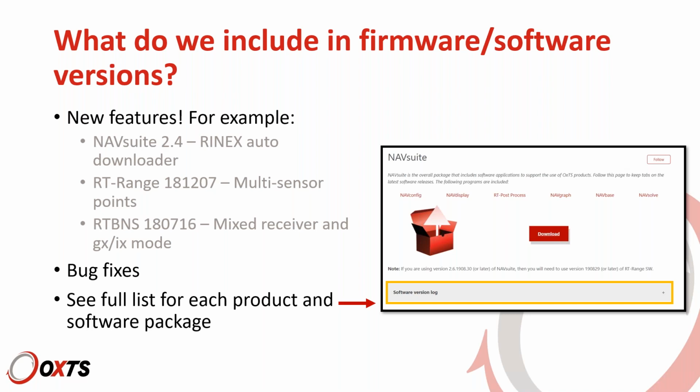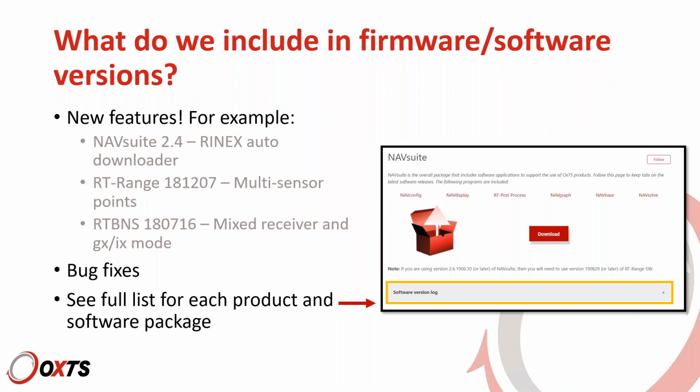But you can see the full list of features and bug fixes which are included in each software by going to our technical support site, so the same place where you've downloaded the software from, and then underneath the download section on the NAVsuite page, for example, there is a software version log, and that's a drop down.